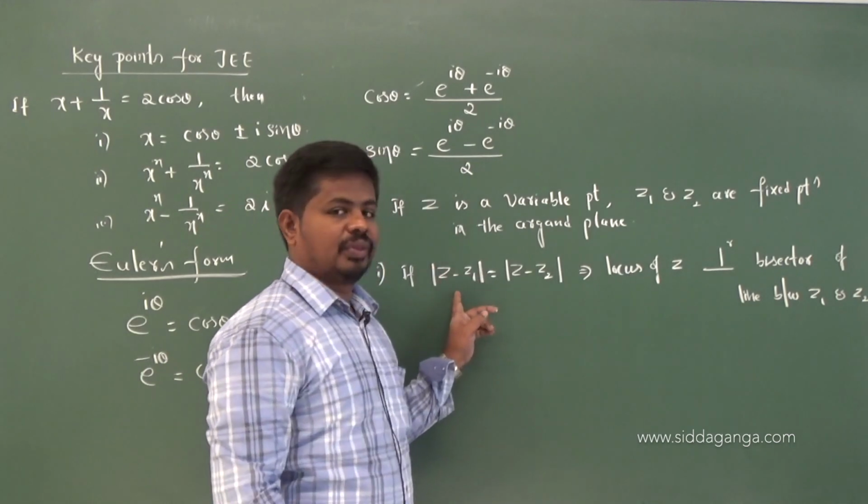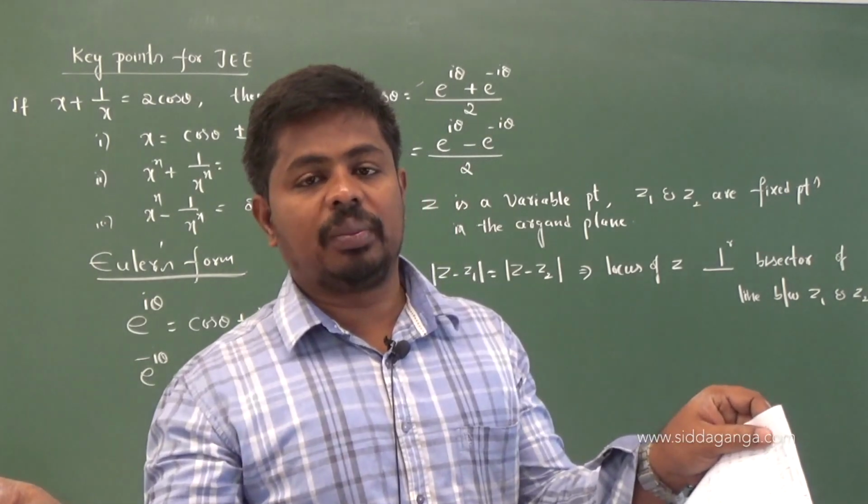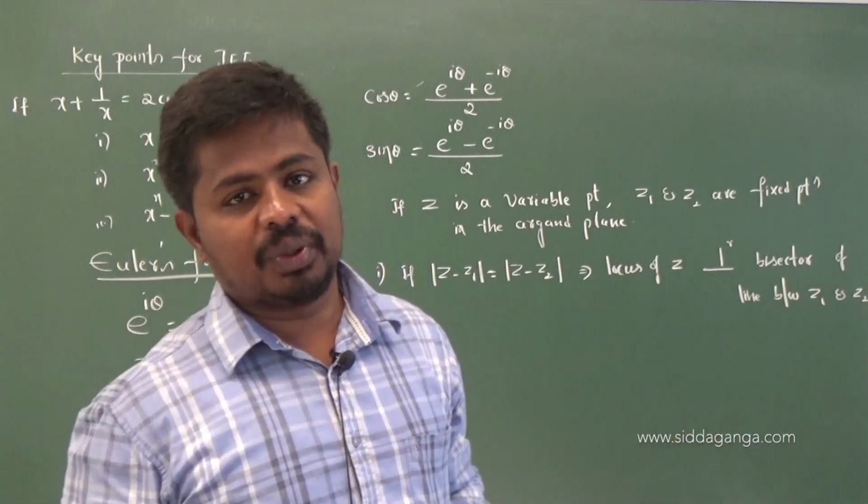Whenever this is true, z lies on the perpendicular bisector of the line joining the two complex numbers z1 and z2. It is the most important result.